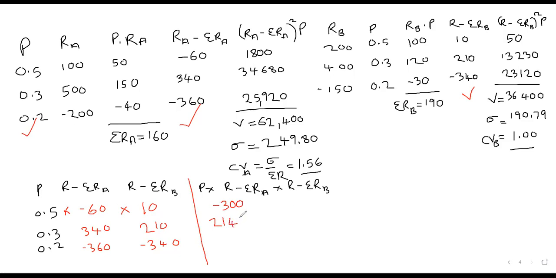And here, 24,480. And you sum up, this is called the covariance of A and B. What is the total? 45,600.